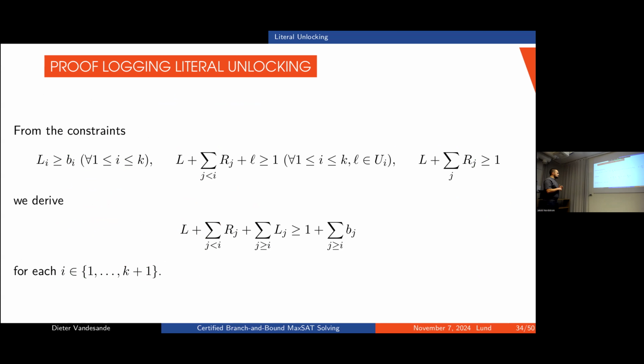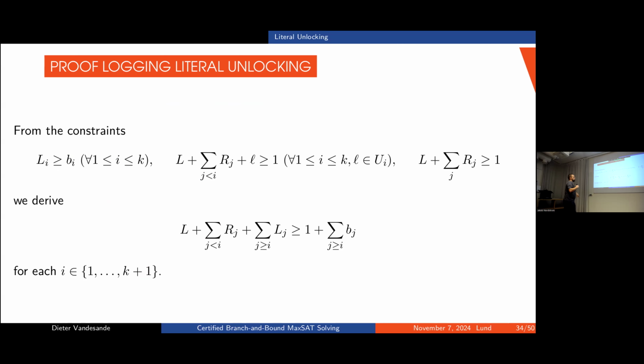Now, let me make that a bit more formal. I have the constraints Li greater than or equal to Bi, which are just the different local cores, and the i is in increasing order of the time the cores got unlocked.